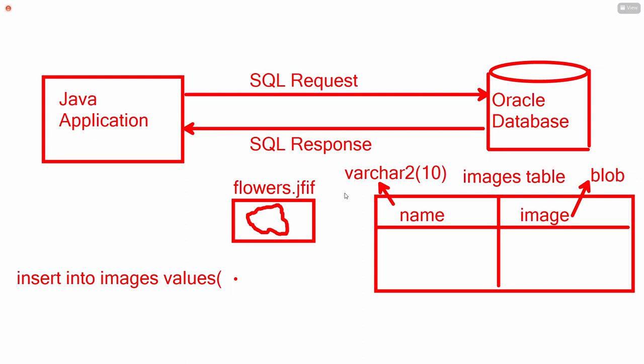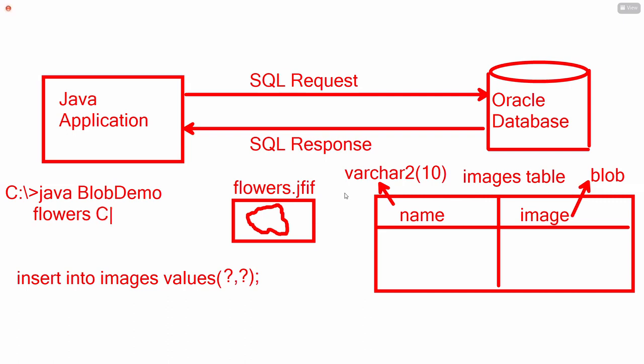That's why we go for a dynamic query. Only question marks we write: question mark, comma, question mark. At the command prompt, I'll pass the values while executing this program: java BlobDemo, followed by two parameters, flowers, and next flowers.jpg.